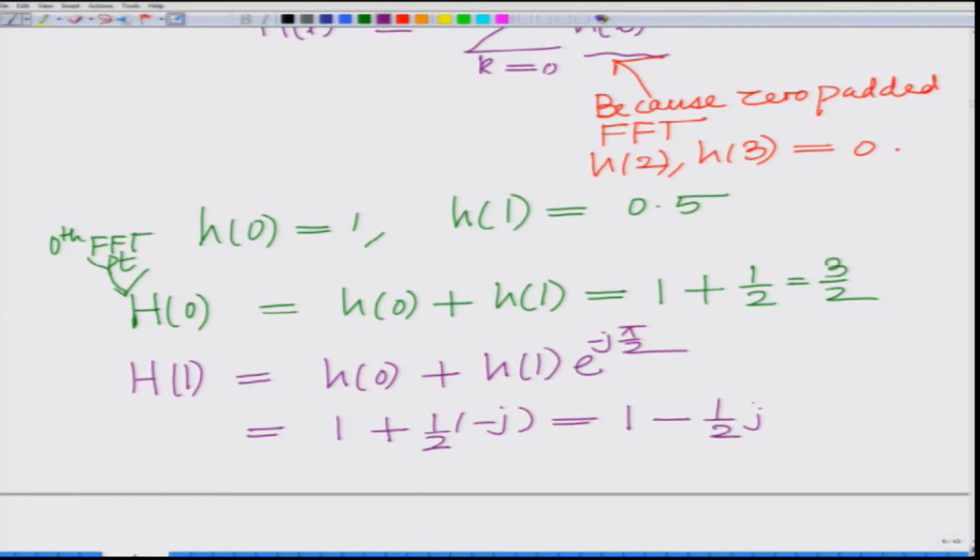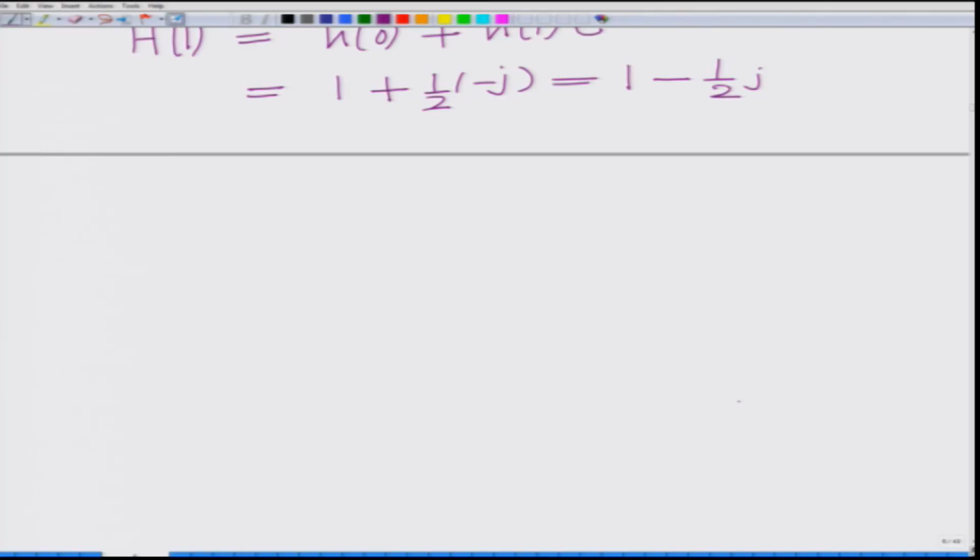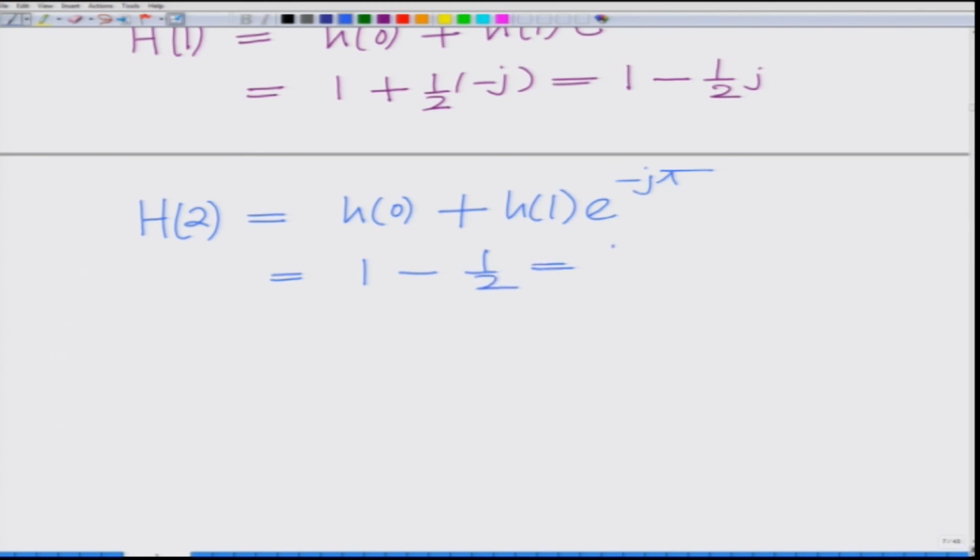Capital H2, that is the channel coefficient across the second FFT point or second subcarrier, equals h0 plus h1 e power minus j pi, which is basically 1 minus half equals half.